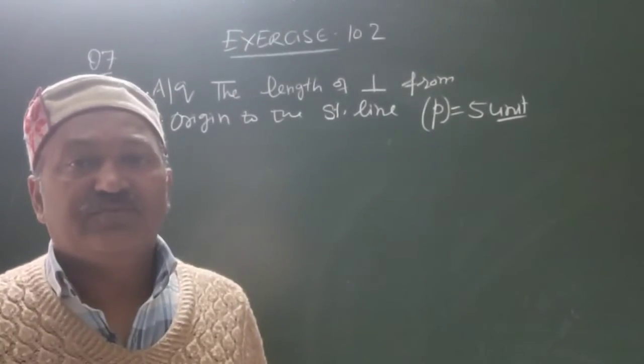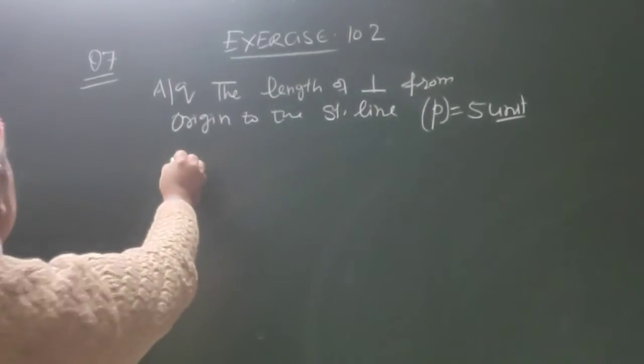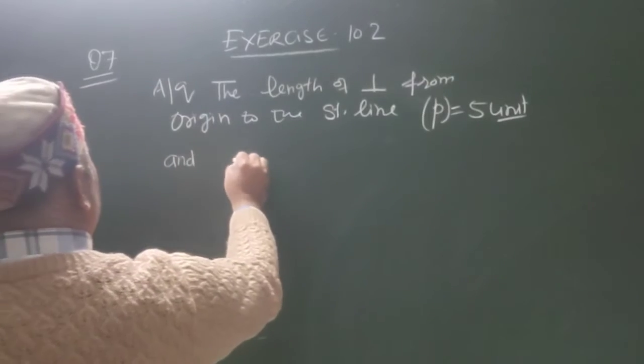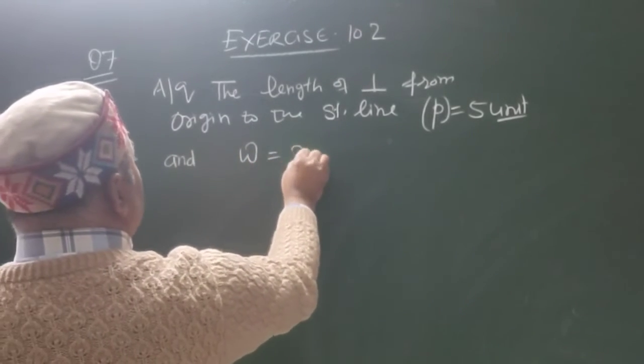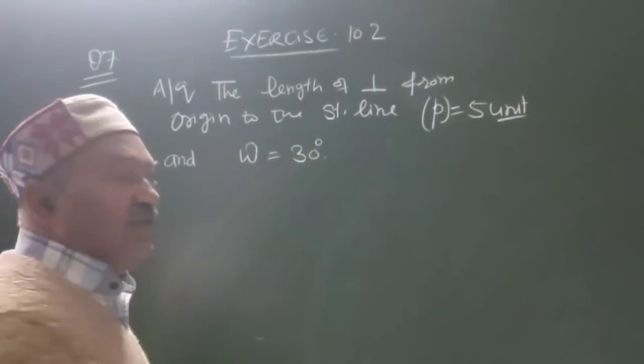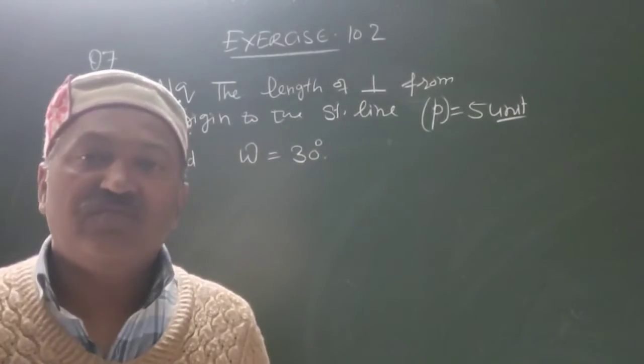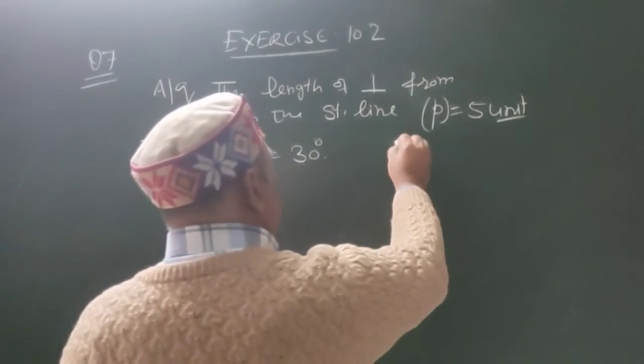This is given to you, and omega is equal to 30 degrees. This is the inclination of that perpendicular.